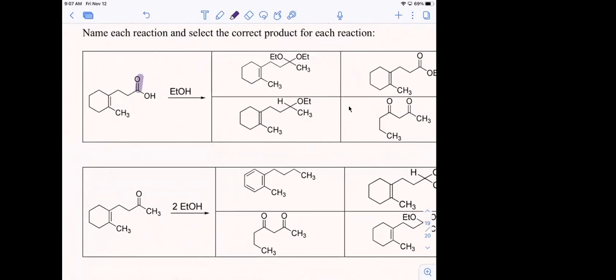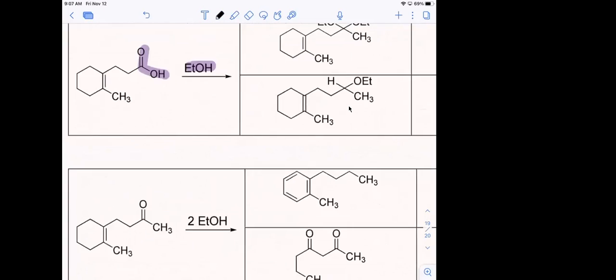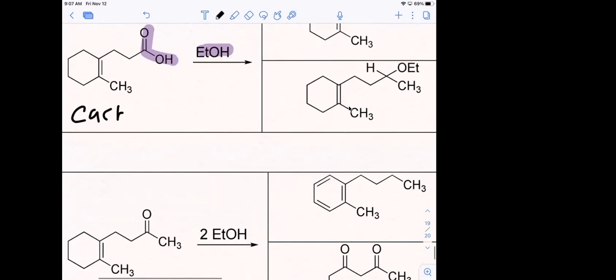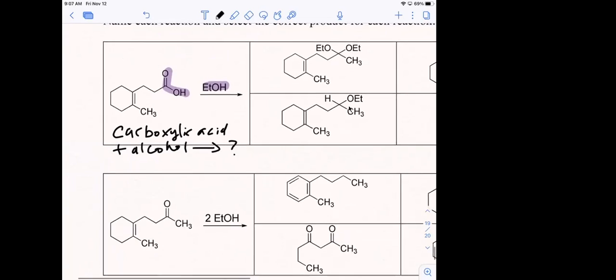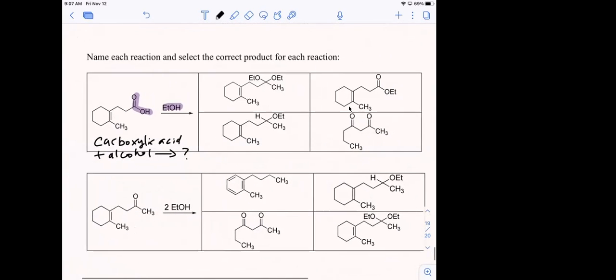You have a carboxylic acid in the presence of an alcohol. What am I going to get? By all means, you can look at the answer choices to figure that out, but you should already know that.